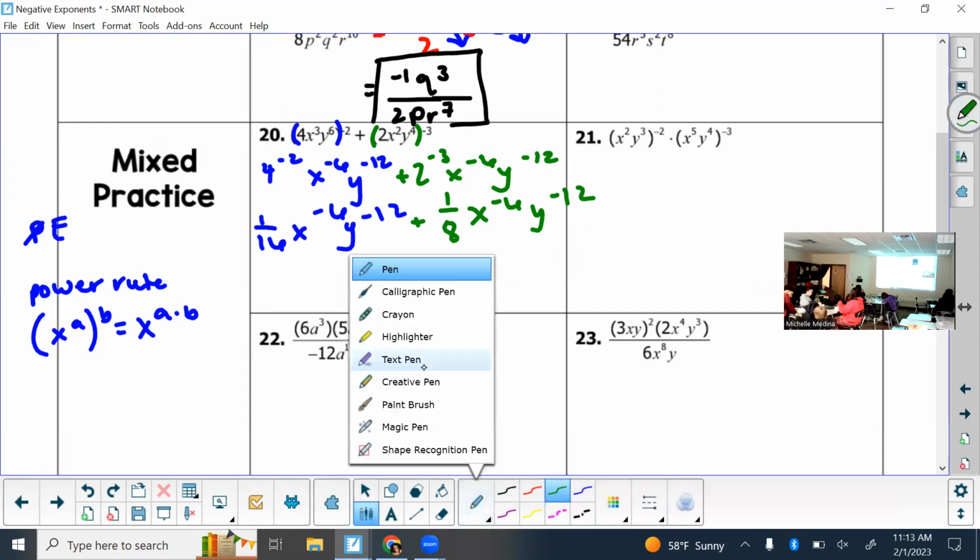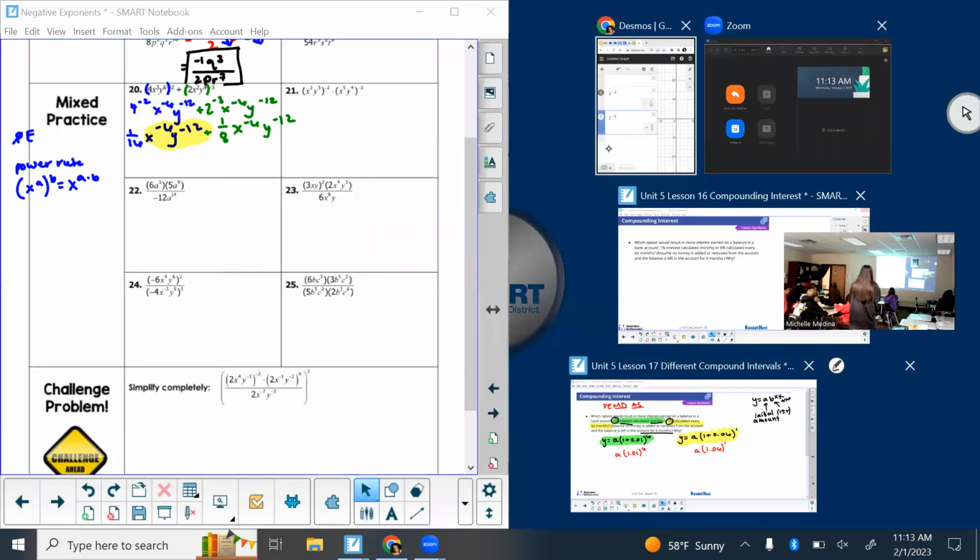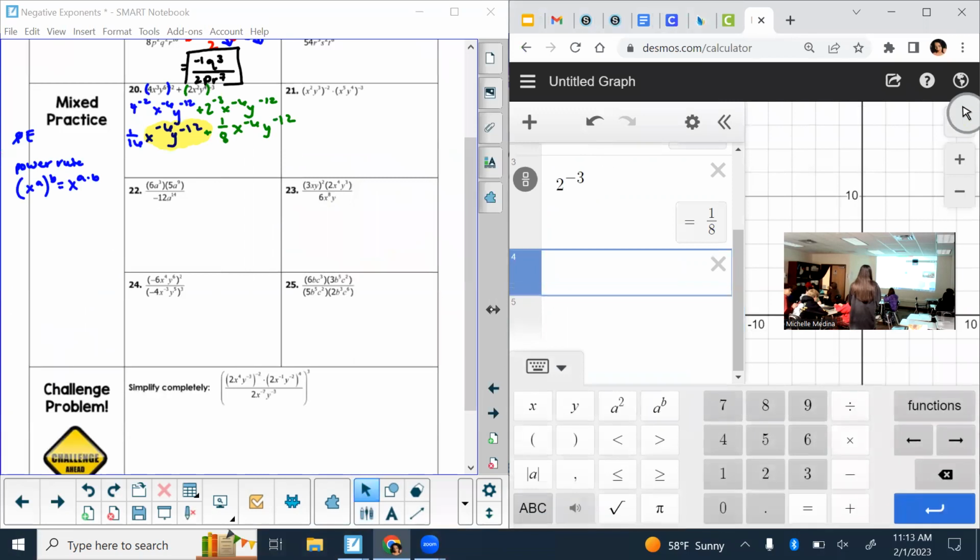So are these both like terms, are they both x to the -6, y to the -12? So then combine the coefficients, which of course we made fractions, which you may or may not like. But that's why you get to use a calculator.